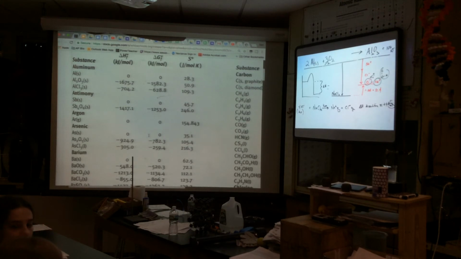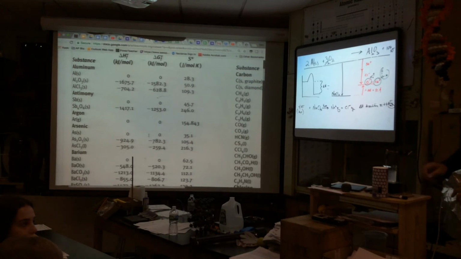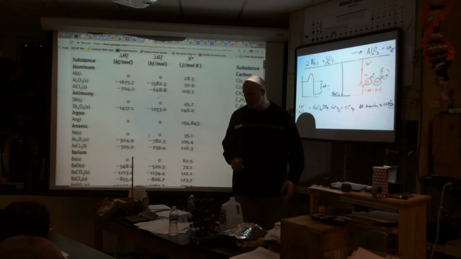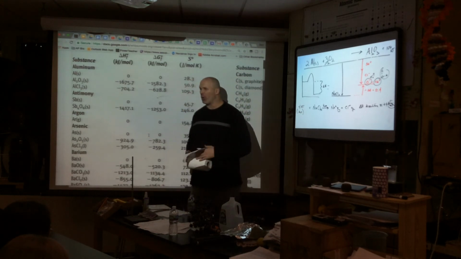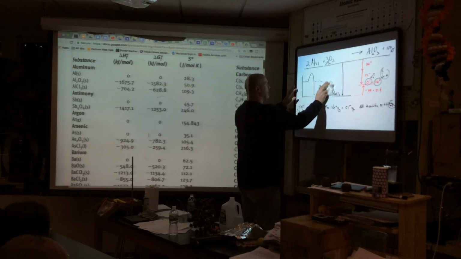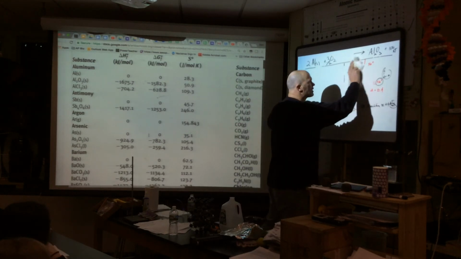This is the heat of formation of aluminum oxide, but I'm going to show you how it's tied to what we call the thermite reaction. The reason why it's so gosh darn exothermic is because we're making aluminum oxide. So, here is the thermite reaction.